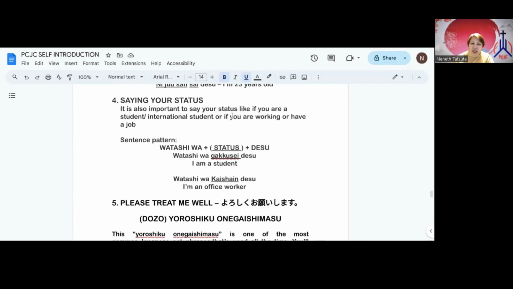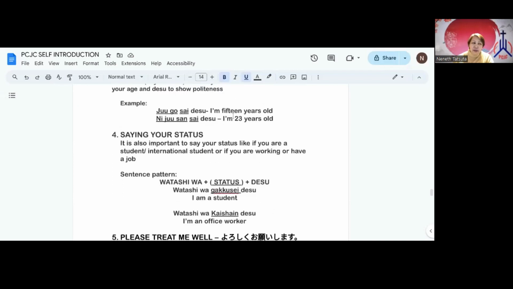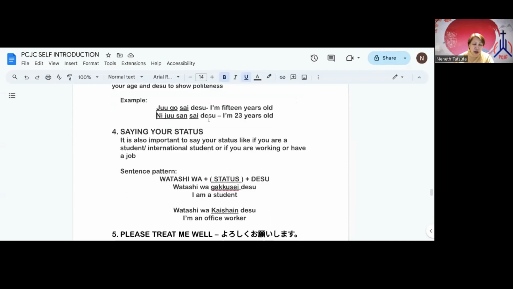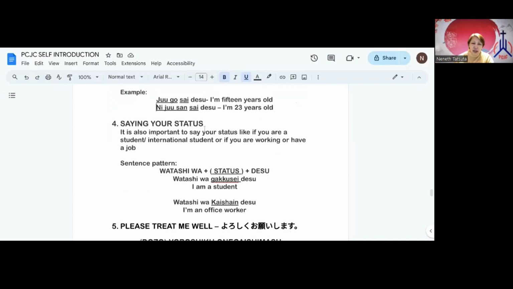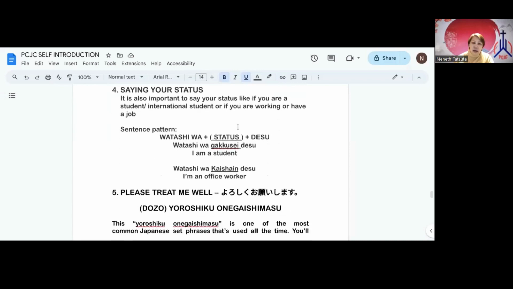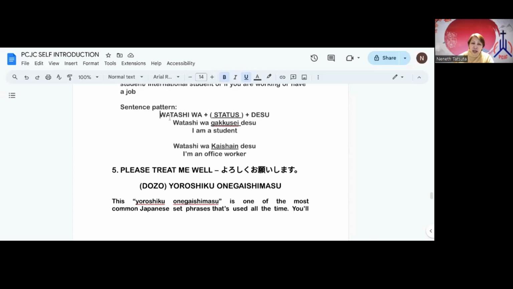Next, saying your status. After the hajime mashite, after saying your name, where you come from, and your age, now we will go to your status. I mean, if you are a student, if you are working already, what kind of job you have, you can say watashi wa.